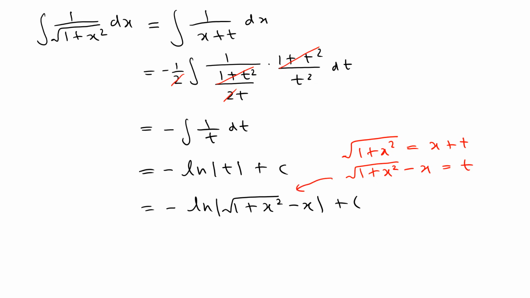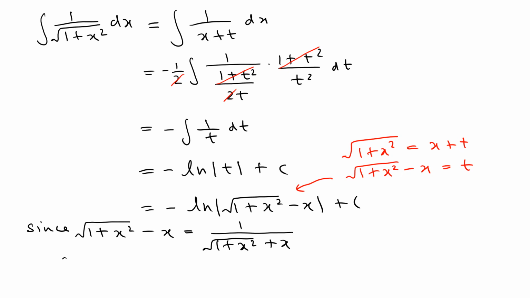Okay, and then also notice that the square root of 1 plus x squared minus x is equal to 1 over the square root of 1 plus x squared plus x. From the difference of squares, we can write it like that, because when you multiply the two, you get 1. So because of that, we can bring the negative sign in and flip over.